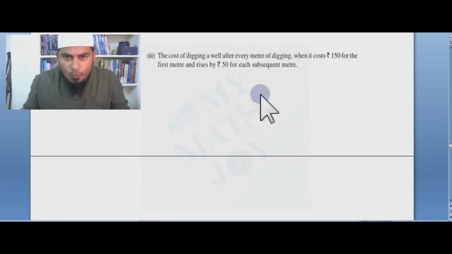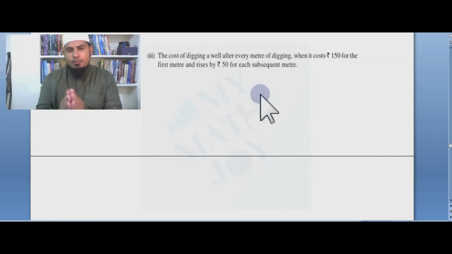Here comes the situation in problem number 3. The cost of digging a well after every meter of digging: it costs rupees 150 for the first meter and rises by rupees 50 for each subsequent meter. So this is exactly the same situation as question number 1, where the cost was rupees 15 for the first kilometer and rupees 8 for each subsequent kilometer.